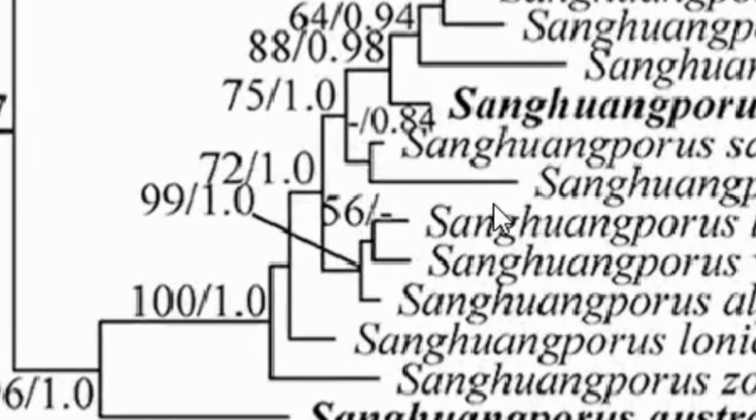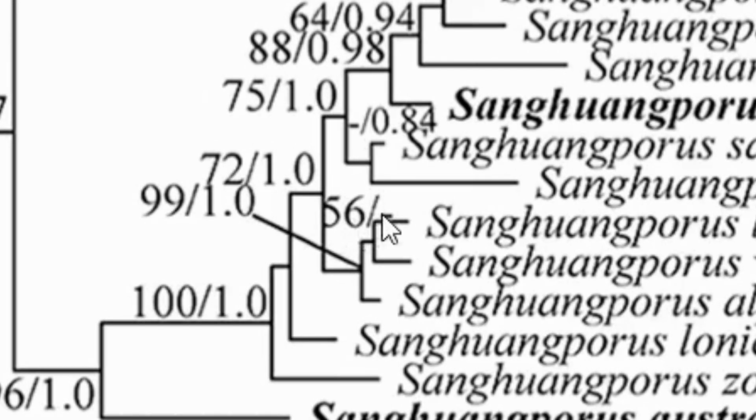In this case, this is your bootstrap, and the Bayesian posterior probability is missing, which means it is most probably below 0.7.